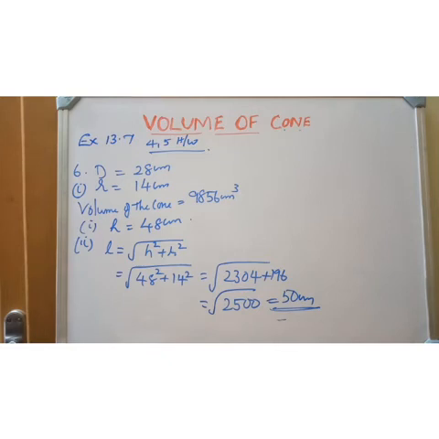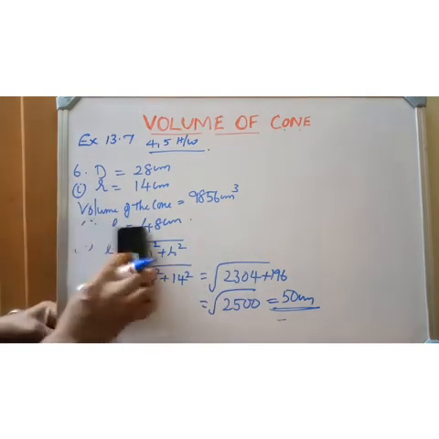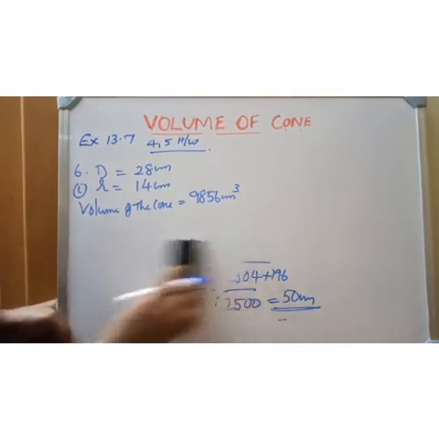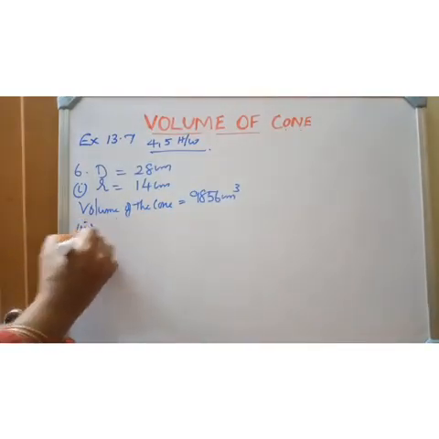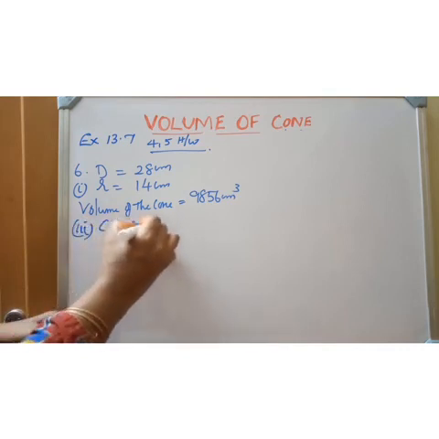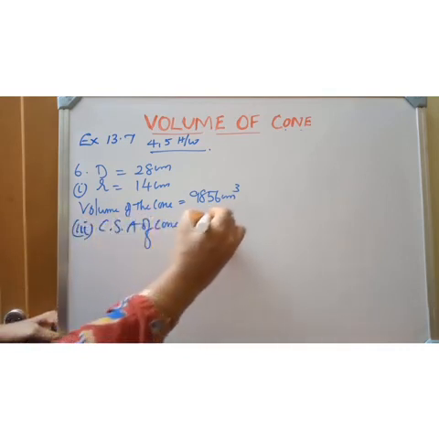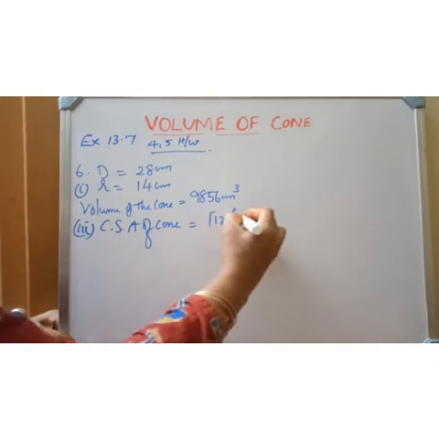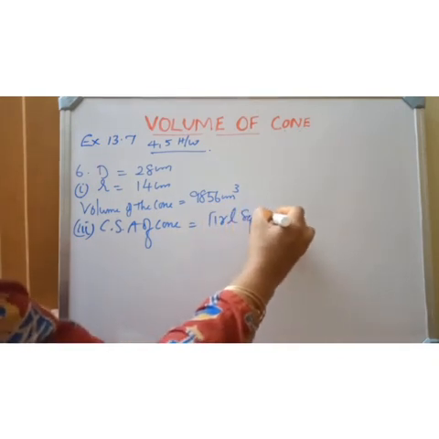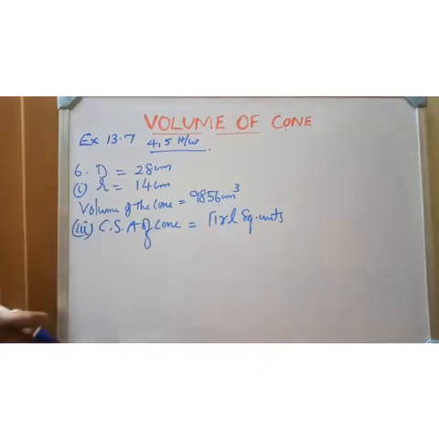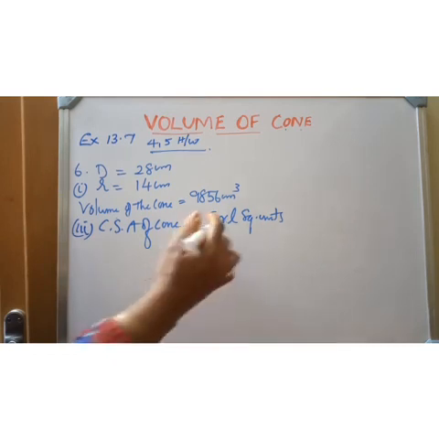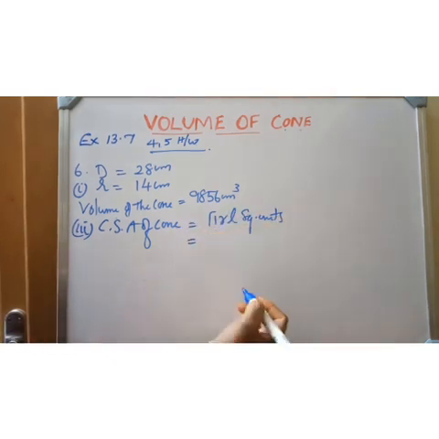Next they ask you to find out the third part of the question as CSA, curved surface area. CSA of cone. What is the formula CSA of a cone? Pi r L square unit. Curved surface area only, volume part we are discussing, but CSA already we studied, isn't it? So pi r L square unit is the curved surface area of the cone.